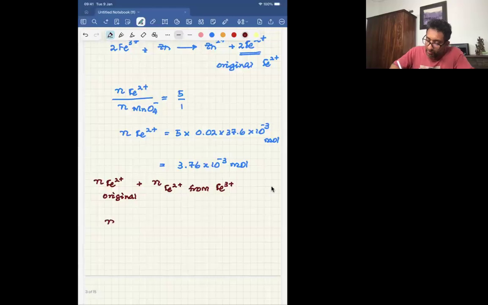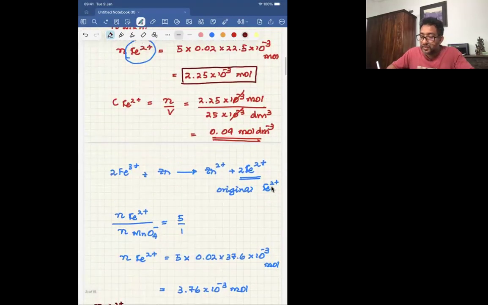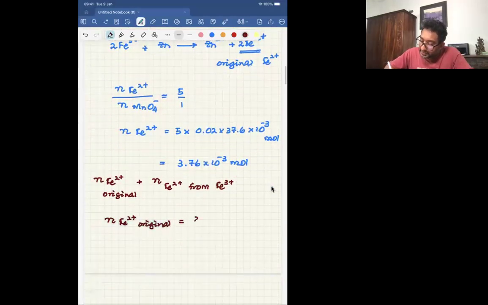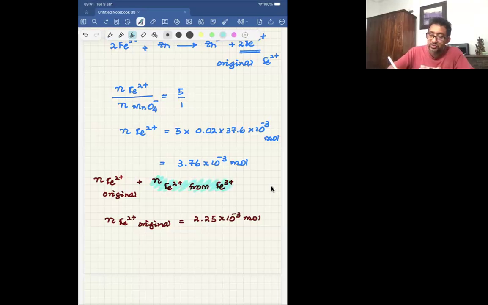But then you know the number of moles of Fe+2 from the original sample. What is that? 2.25 times 10 to the power minus 3. Then do you understand what the number of moles of Fe+2 formed by the Fe+3 is? This part. You know the total amount, and from that you subtract.